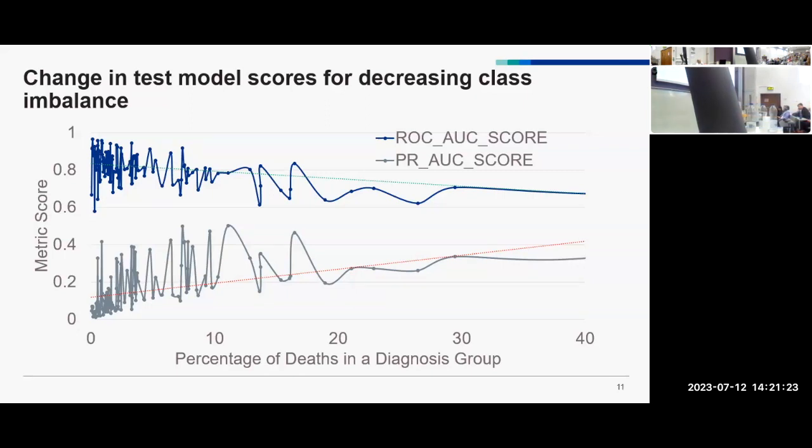Because so many people were living, and ROC AUC works on both classes, it was saying that's a pretty good model. Whereas precision recall requires both classes to be predicted well, and we really need deaths to be predicted well in these models. So that's why I changed to precision recall area under the curve.